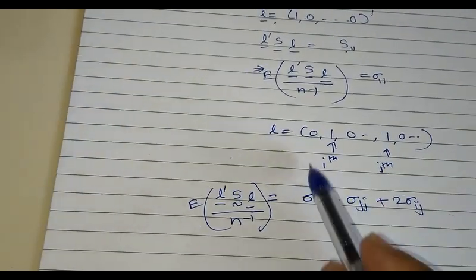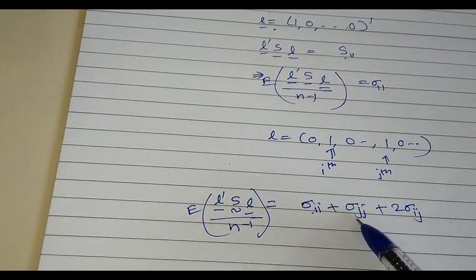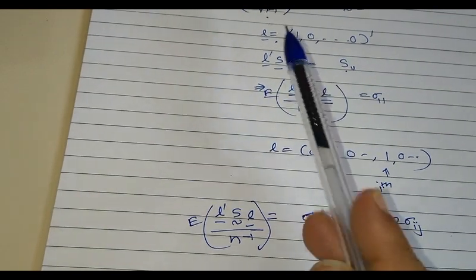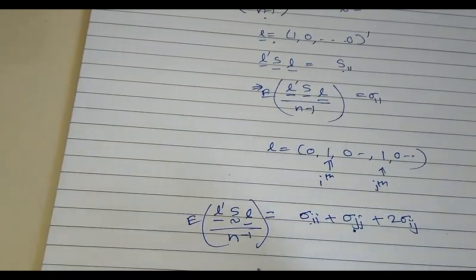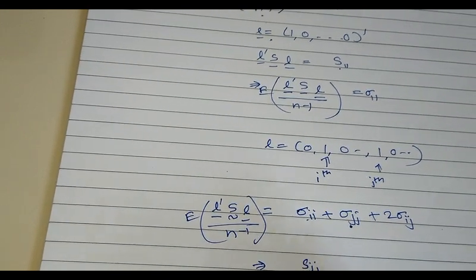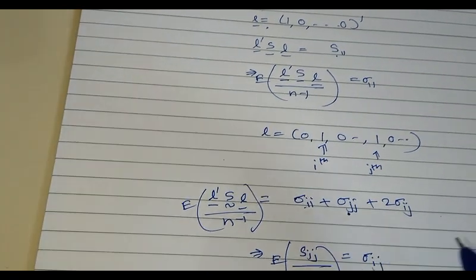I know from the earlier setup that sigma II and sigma JJ can be estimated by using 1 in L at the ith position and the jth position. So I can prove that Sij upon n minus 1 is an unbiased estimate for sigma ij.